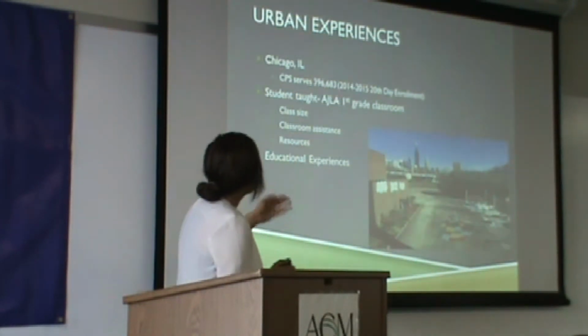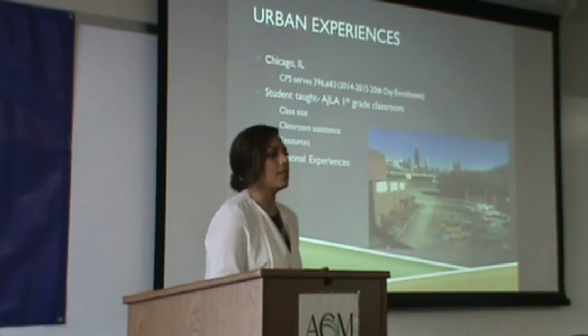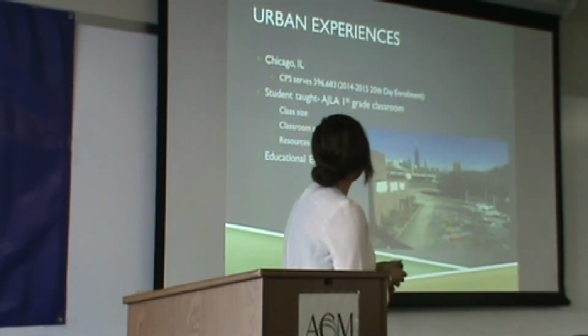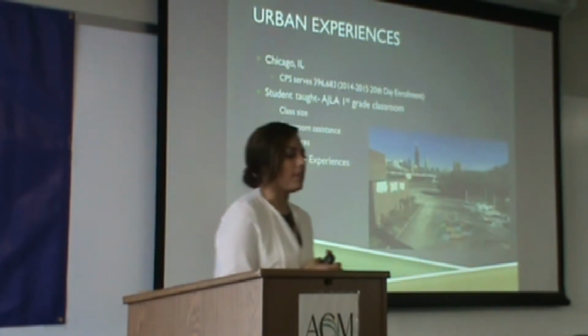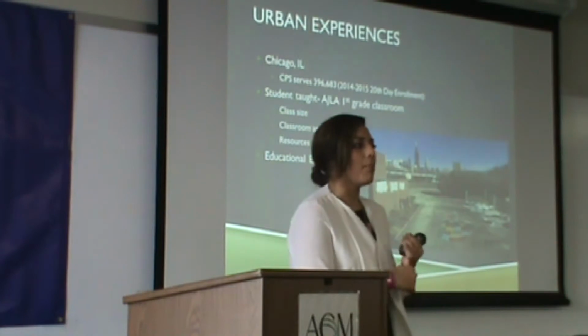My class size was about 31 students in my classroom, so a big difference from 23 to 25. Classroom assistance was also very minimal. We had a student with an IEP who had to have a one-on-one with him all the time.